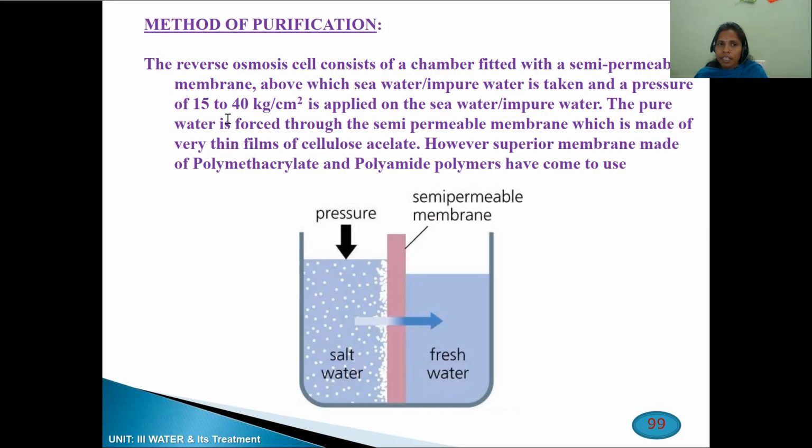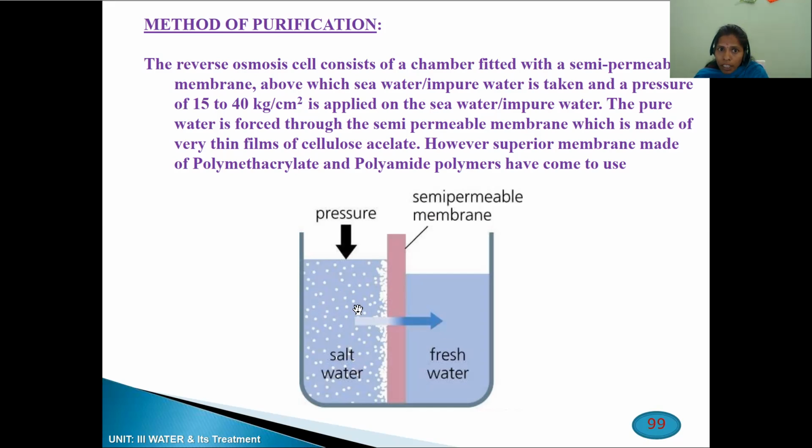Now let us read out the reverse osmosis process. The reverse osmosis cell consists of two chambers fitted with a semi-permeable membrane, above which seawater or impure water is taken, and a pressure of 15 to 40 kg per centimeter square is applied on the salt water.